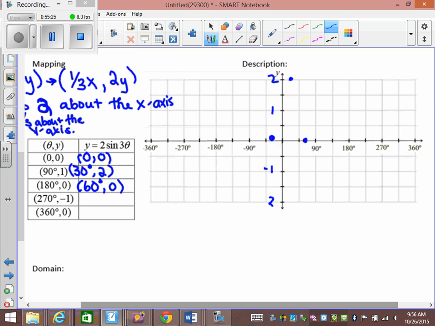Oh, I shifted the whole thing up. 270 times a third is 270 divided by 3, which is 90. And negative 1 times 2 is negative 2. Then 360 times a third is 120. 0 times 2 is 0.